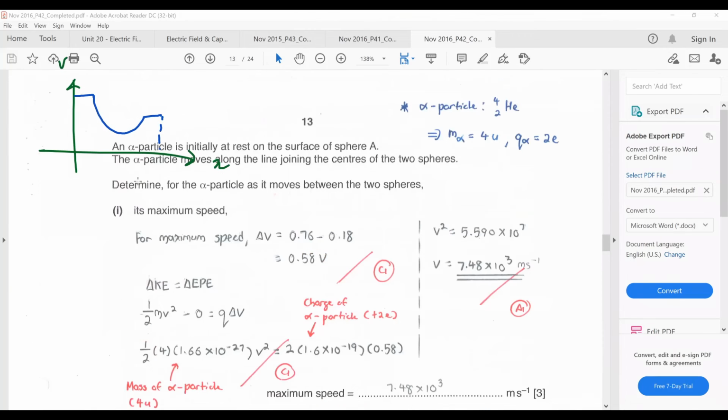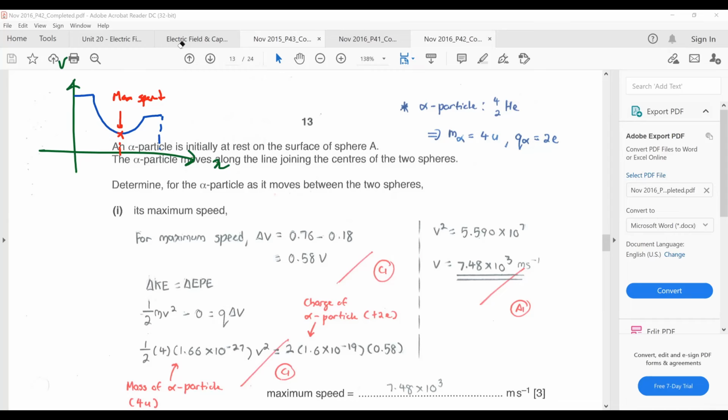The question wants you to find out the maximum speed of the sphere. Now, common sense will tell you the maximum speed should be here. This is where you are going to get your maximum speed. But if say you wanted to double confirm, is it really the maximum speed? The easiest way I can tell you to do that is to look at how the graph changes.